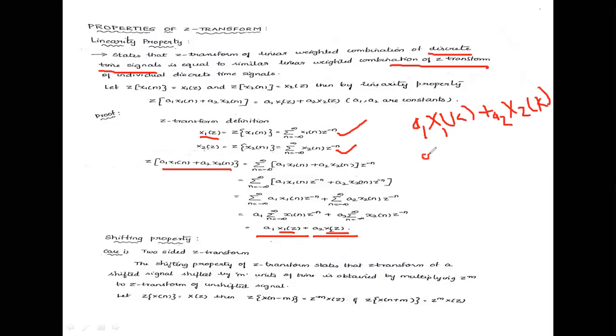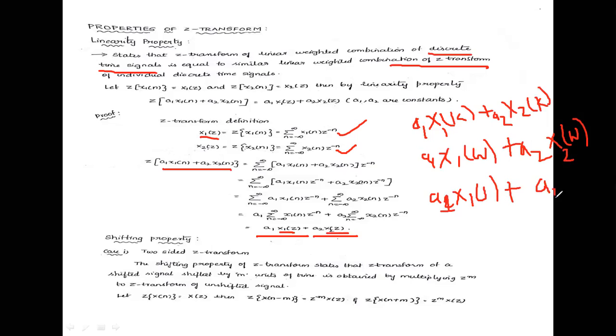And coming to the Fourier transformation, a1 X1 of omega plus a2 X2 of omega. Coming to the Laplace transformation, a1 X1 of s plus a2 X2 of s.